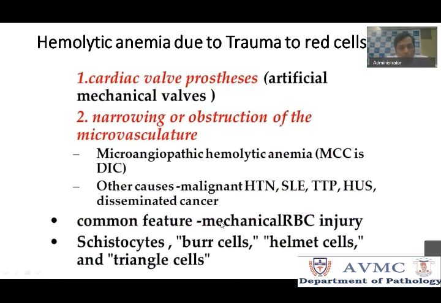In soldiers who are marching, the RBCs can get damaged against their feet, and you can find a lot of fragments in these soldiers and people who are marching. Schistocytes, burr cells, helmet cells, these are the names given for fragmented RBCs. So fragmented RBCs and thrombocytopenia and features of hemolysis in the background, think of microangiopathic hemolytic anemia.